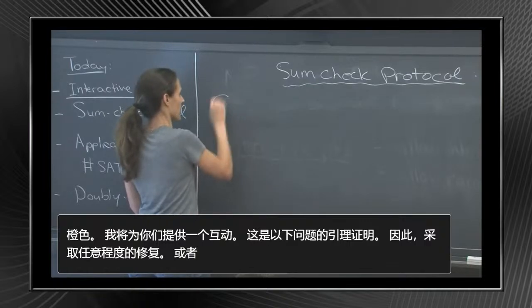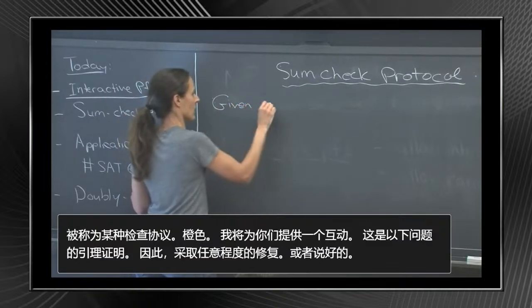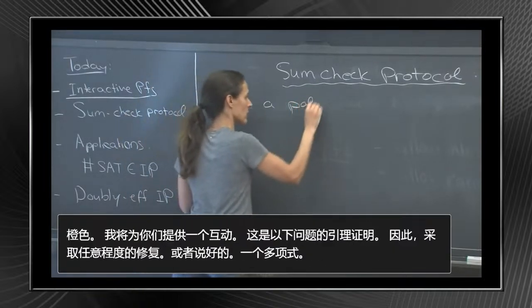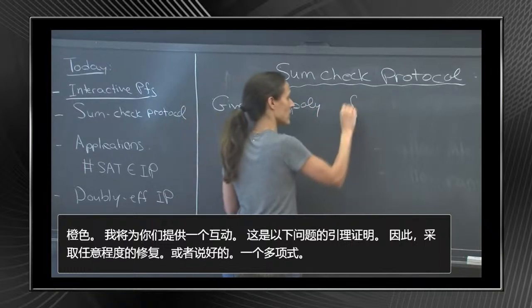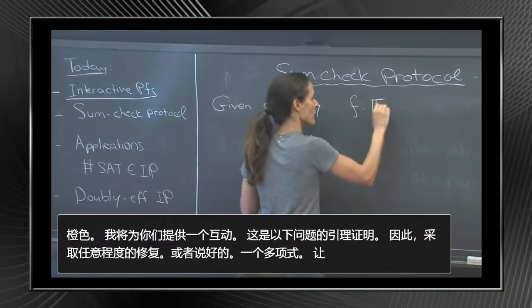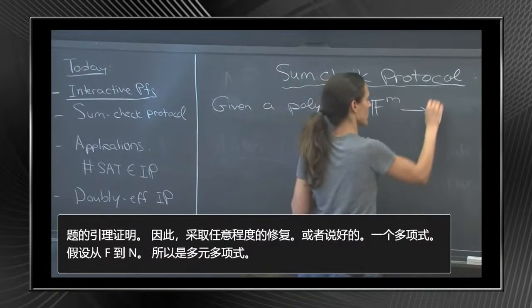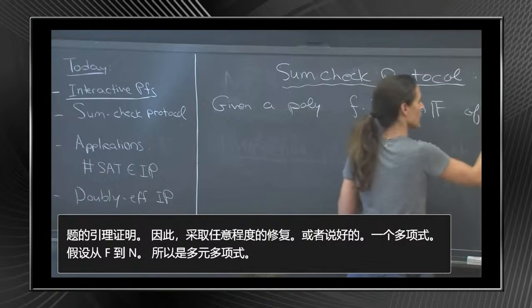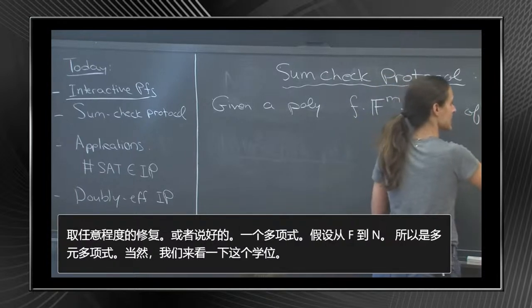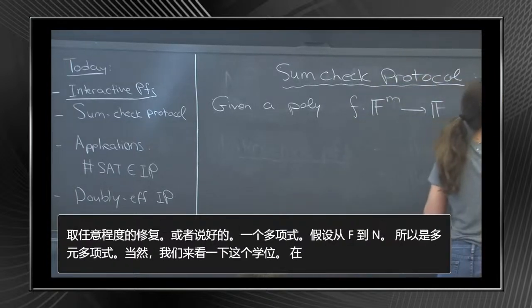Given a polynomial f from F^m to F, so a multivariate polynomial of, let's say, degree d in each variable.